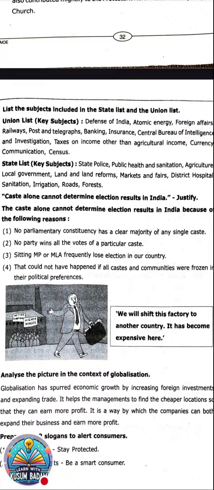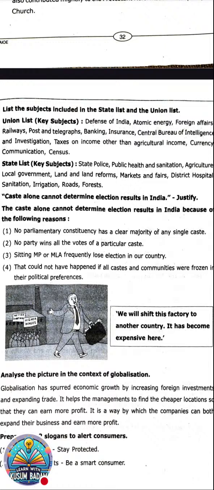Generally, MLAs and MPs change very frequently. If the same caste would win always, the same MPs would continue again and again. That could not have happened if all castes and communities were frozen in their political preferences.